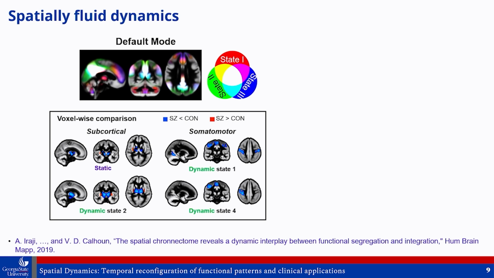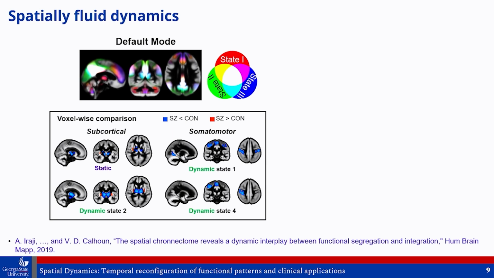You can see a similar pattern in the frontal region. Different areas show a contribution to the default mode at different states. And if we look at the voxel-wise comparison, where we do a statistical analysis, for example, in subcortical, in the static analysis, you see some areas show group differences. I don't know if you can see, yeah, some group differences.